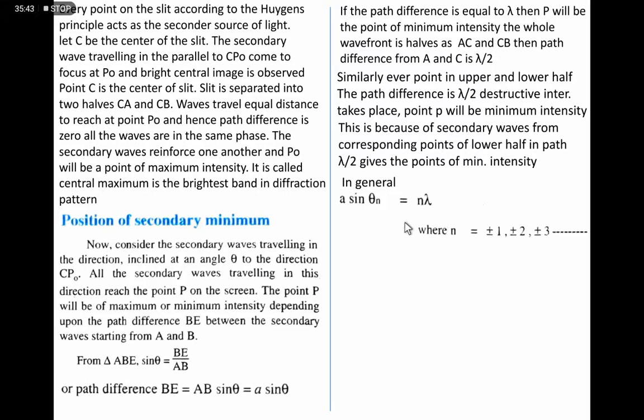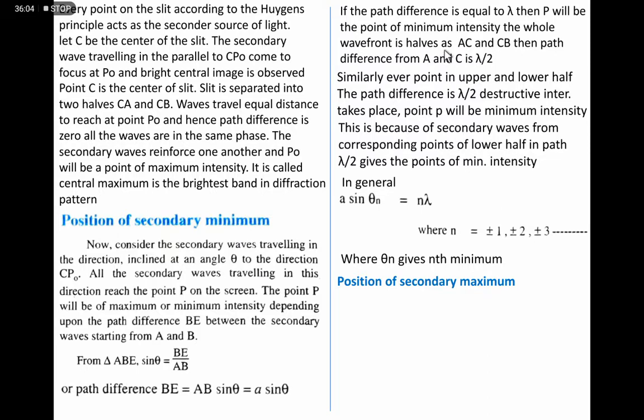Then the path difference a sine theta is equal to n lambda. For the nth minima we get the minima in the diffraction pattern.